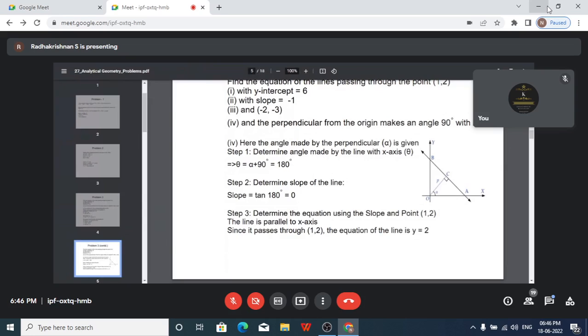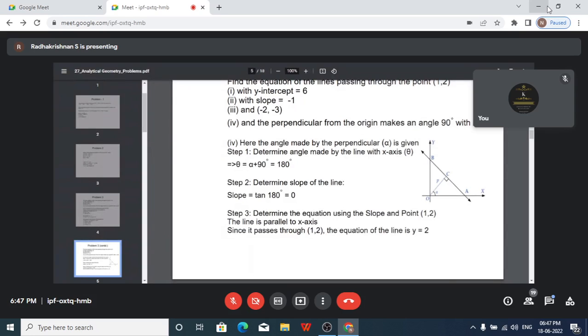Okay. So here the angle made by the perpendicular, that is, this is your line. Required line is AB. So that's what you have to determine. Its perpendicular is this one, OC. So it is given that the perpendicular makes an angle of alpha. Right? And then it also passes through point (1,2).